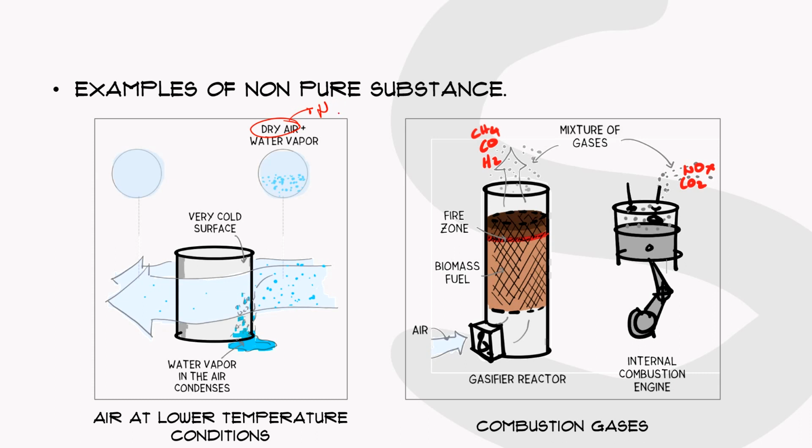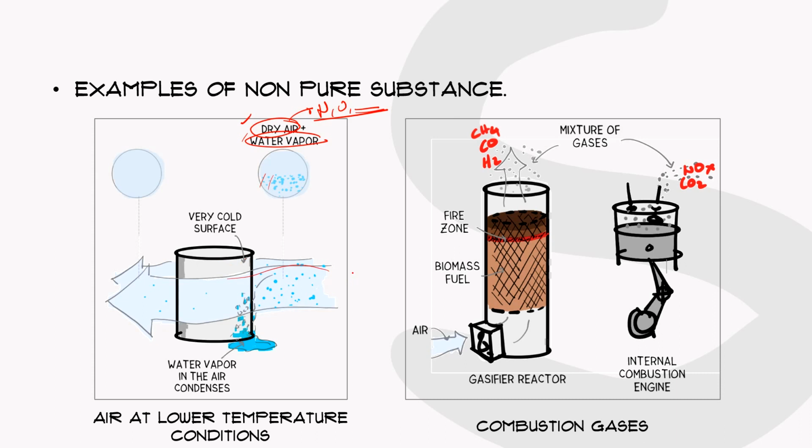So we have nitrogen, I think 79% or so, then oxygen plus all other gases, plus water vapor and contaminants or solid particles. If we simplify, we just say it consists of dry air only and then water vapor.